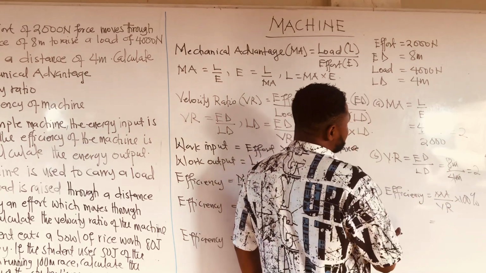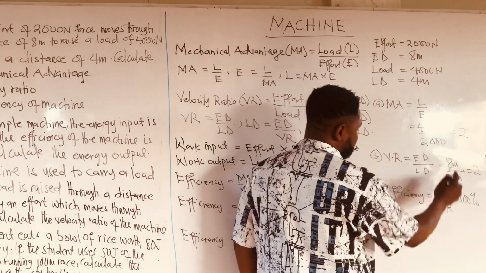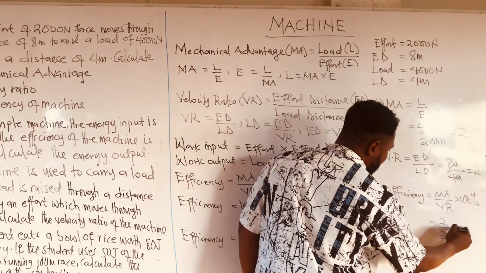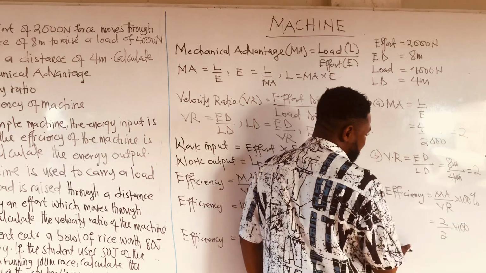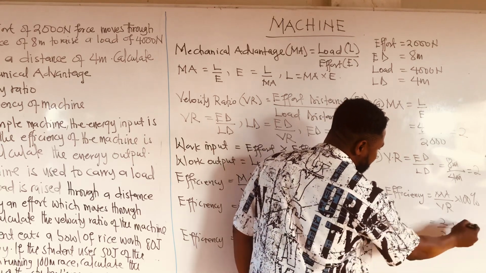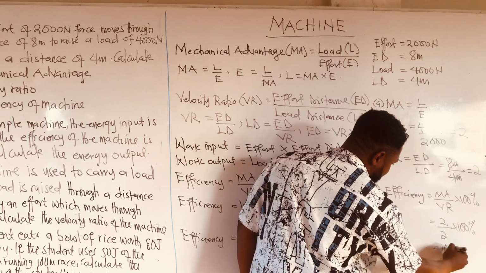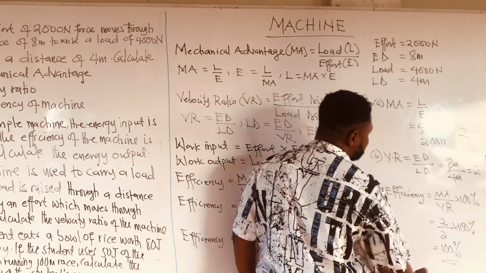So mechanical advantage is 2, velocity ratio is also 2, multiplied by 100. And when we divide this, we are going to get 100%, as we can see.